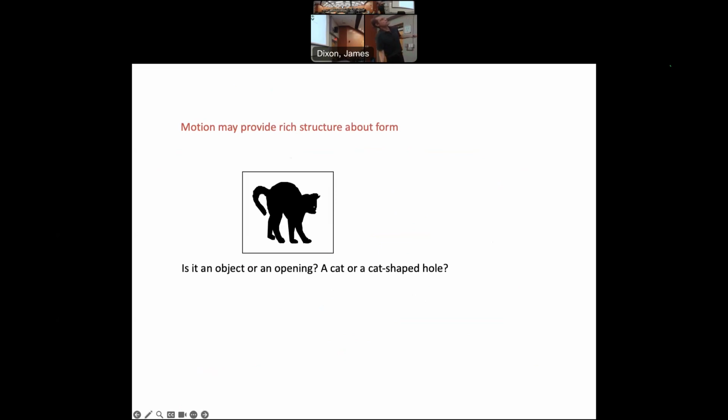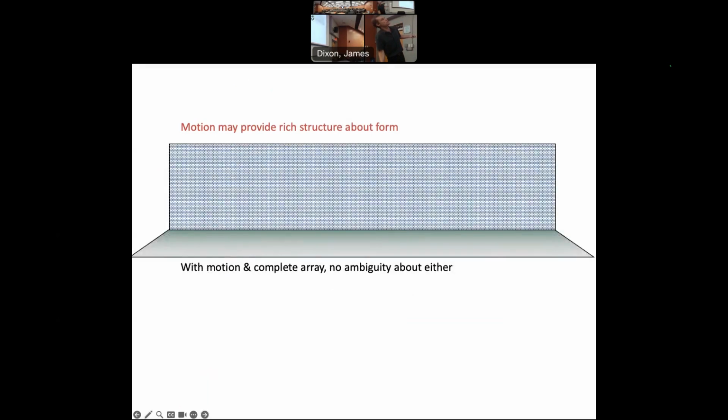So is this an object or an opening, right? That is a cat or a cat-shaped hole. Well, if the thing is moving against the background, well, then it becomes obvious. There's no question, right? So the motion actually is creating information about the thing, right?